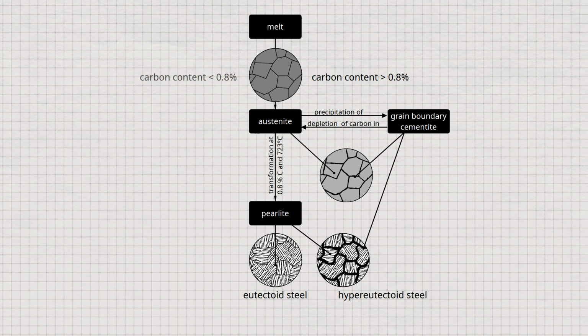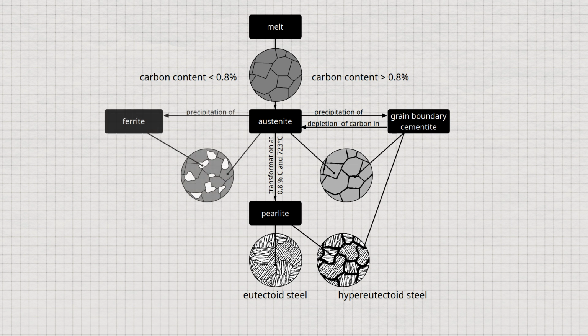In hypoeutectoid steels with carbon contents below 0.8%, ferrite precipitates from the austenite lattice below a certain temperature, as the face-centered cubic austenite begins to transform into the body-centered cubic ferrite structure. The carbon cannot dissolve in the ferrite lattice. The carbon therefore diffuses into the surrounding austenite lattice, which can still absorb carbon.